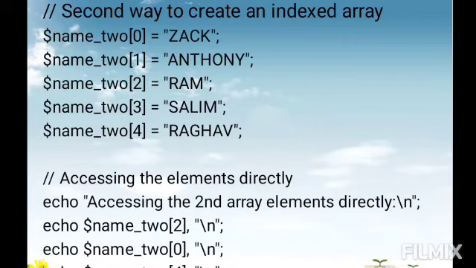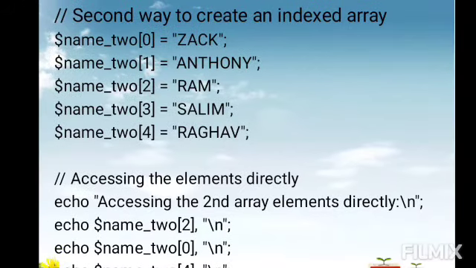The second way to create an indexed array is by assigning a value. $name2 of 0 is equal to Zach. The 0th index of the name2 array is assigned the value Zach, and in a similar way we can assign each and every element in that array. Accessing the elements of the name2 array is the same as in the first case.